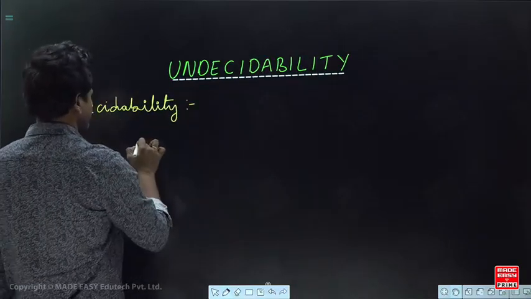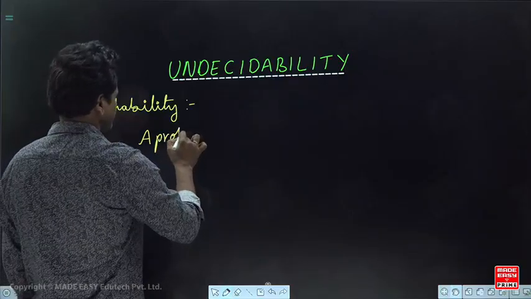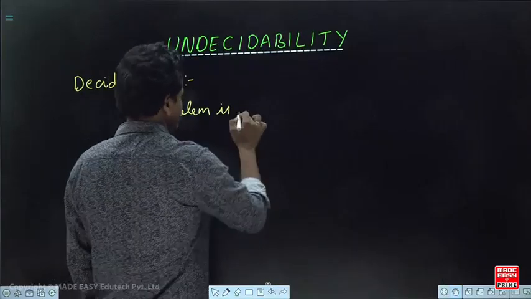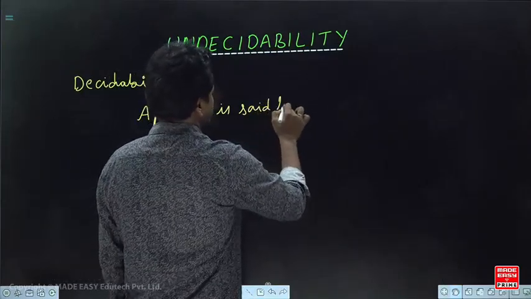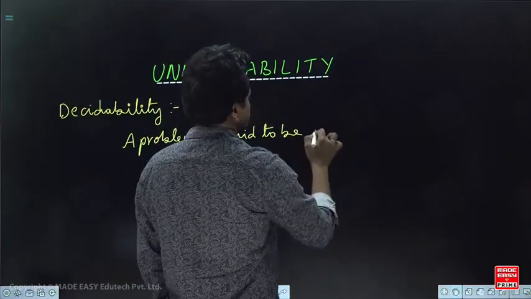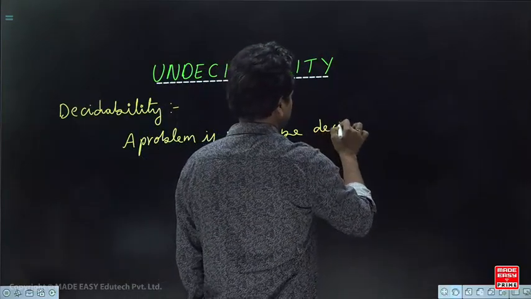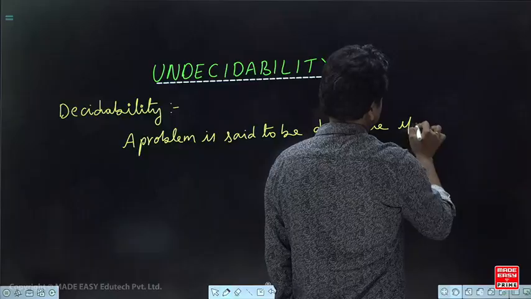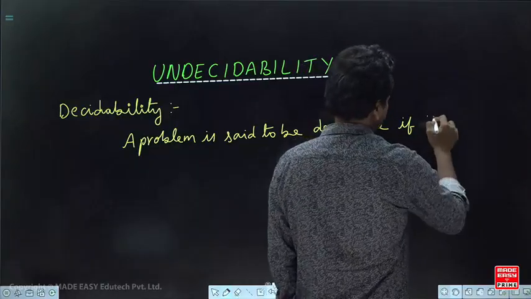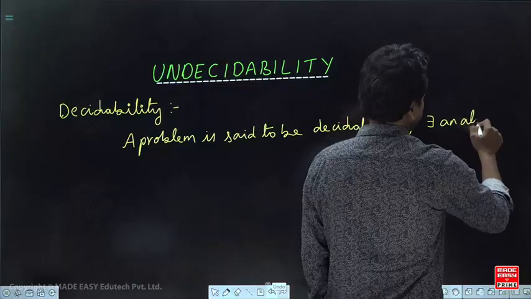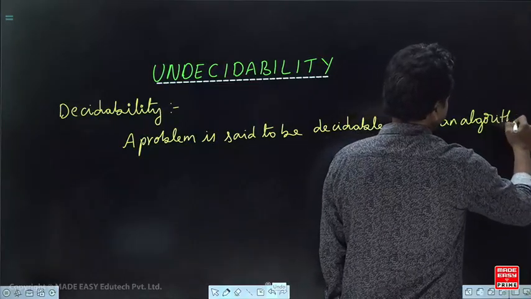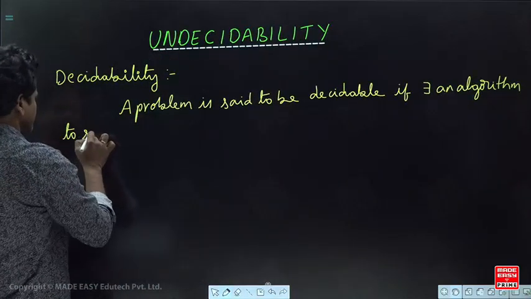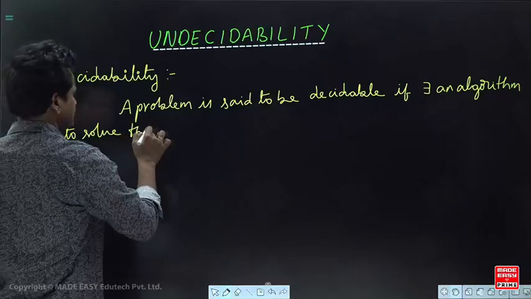A problem is said to be decidable if there exists an algorithm to solve that problem.